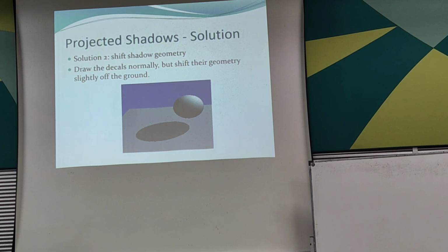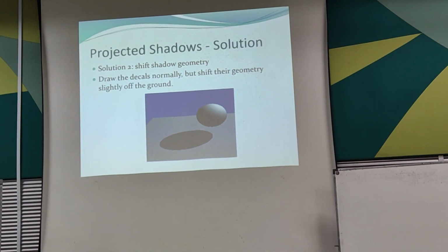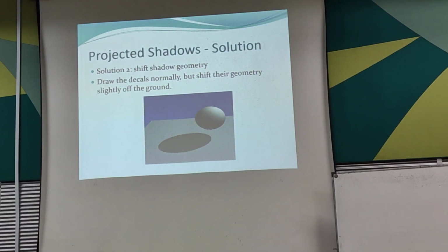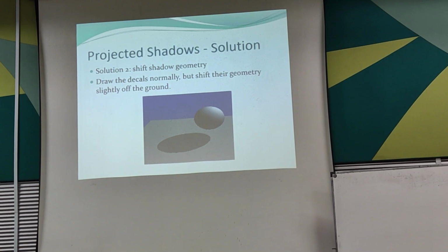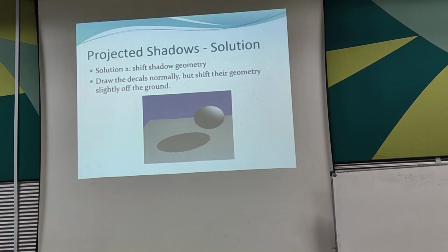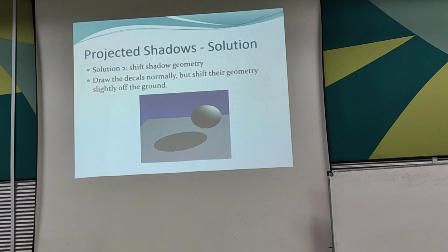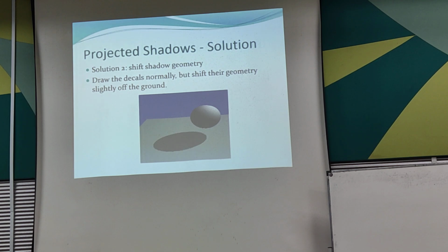So if your plane is at 0, then your shadow polygon you don't draw at 0, you draw at 0.1, a bit, to solve this Z buffer fighting problem. Shift your shadow geometry slightly off from the ground. Just draw as normal, just make it above a bit. This one we will use glTranslate in the Y, if you are doing a Y plane.